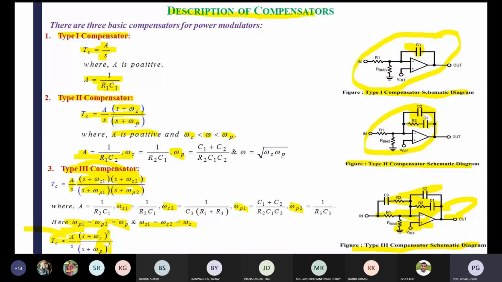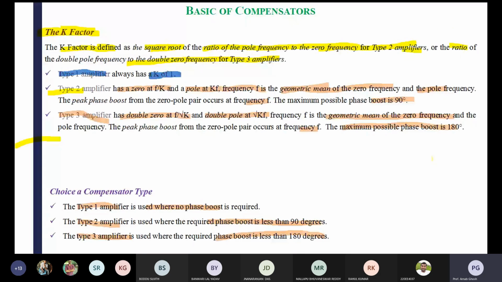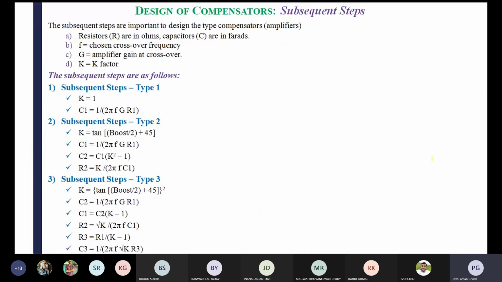Some standard procedure is already given. You can also analyze and synthesize the circuit, so you get those values.